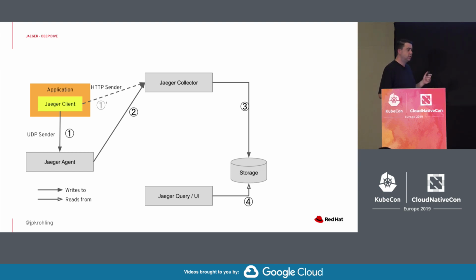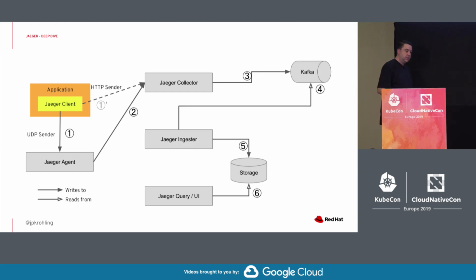And then once data is on the storage, our query component retrieves data from the storage, typically on behalf of the UI. So the UI calls the query, and the query gets things from the storage. And then there is an alternative path, which is up there. We have a Kafka setup, or a Kafka cluster, where the collector, instead of writing to storage, writes to Kafka.